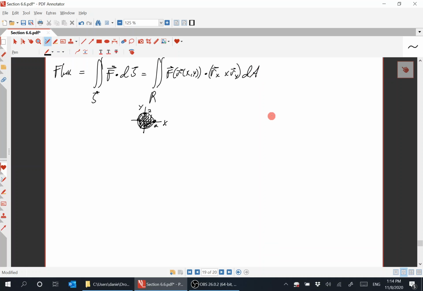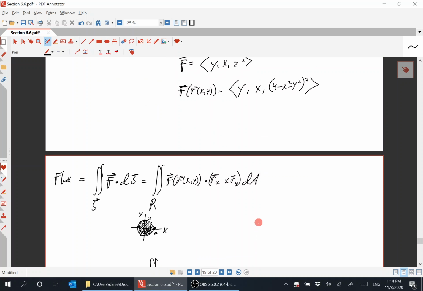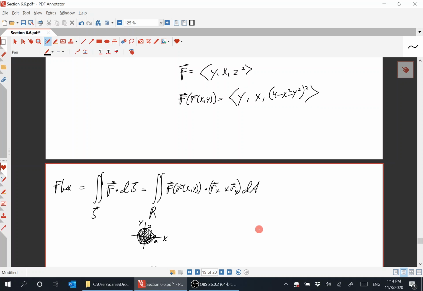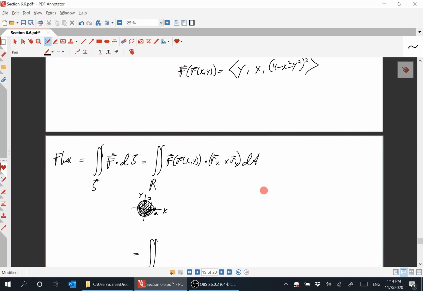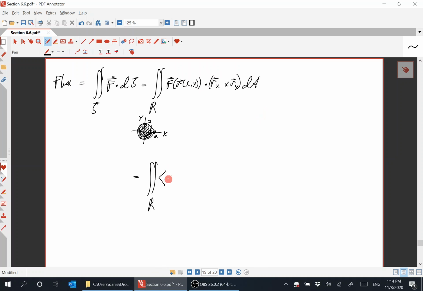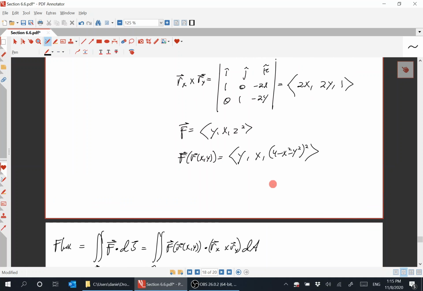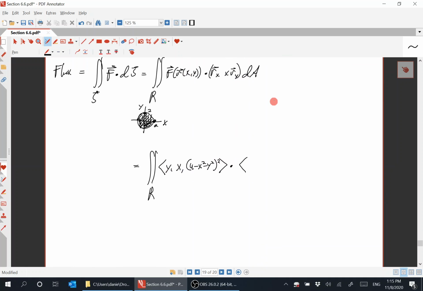dA, right? So this is equal to the double integral over R. That's the F, y, x, 4 minus x squared minus y squared, dot r_x cross r_y, which is 2x, 2y, 1, dA.